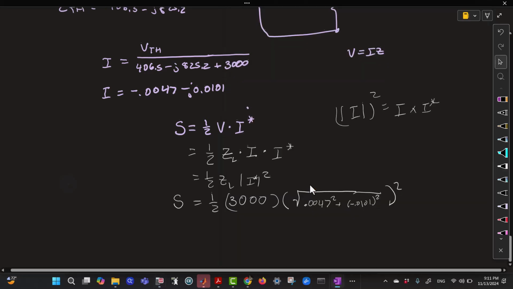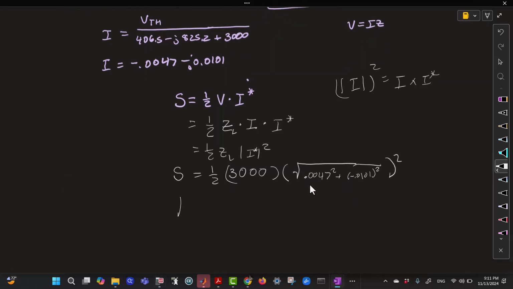So it's 0.186 watts. So our average power, which is the real part, is 0.186 watts.